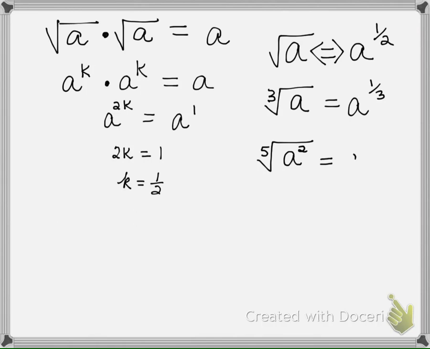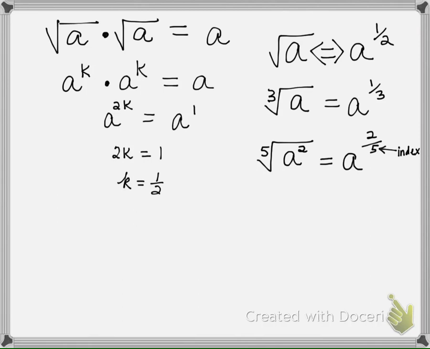The base is a. What do you think the denominator is going to be? 5. We got that. Well, there's only one spot left. Yeah, sure. It's a to the 2/5 power, isn't it? So the bottom number is still our index.